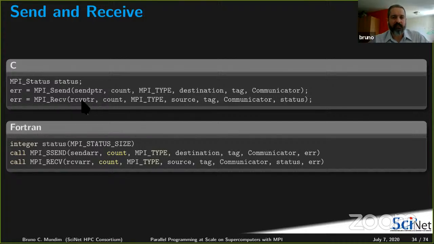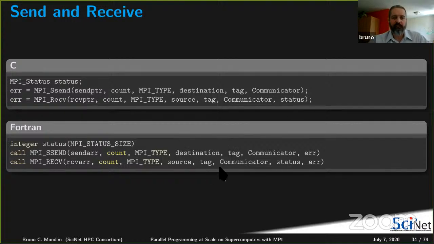And the same for the receive: the pointer where you're going to receive the message, the number of elements of some MPI type, from the source that you are receiving the message from. This call will only deal with messages with the tag number set to tag, the communicator that you're using for this communication, and the status.